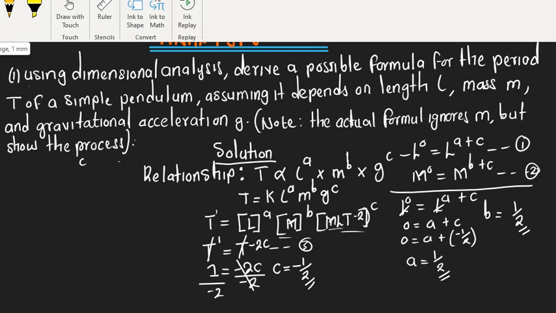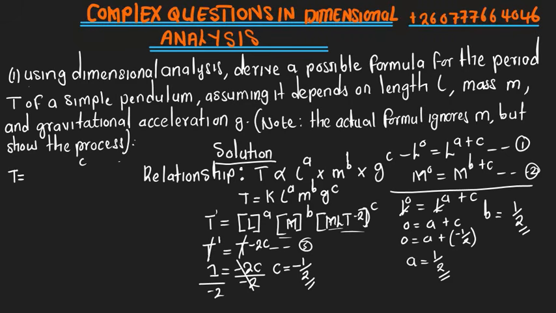When we go back to our formula, remember the relationship was T is equal to K L^A M^B G^C. We can put the powers where there is L. What was the value of A? It was positive 1 over 2. What was the value of B? It was 1 over 2. What was the value of C? The value of C, of course, was negative 1 over 2.